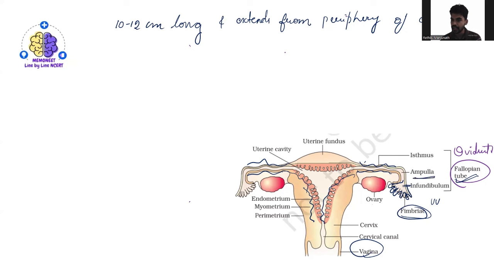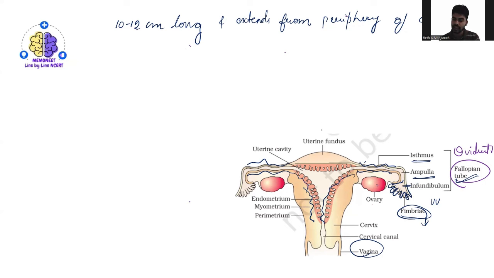This finger-like projection at the edge is called fimbriae, and it helps in the collection of the ovum from the ovary. For that, the fimbriae plays a very important role.